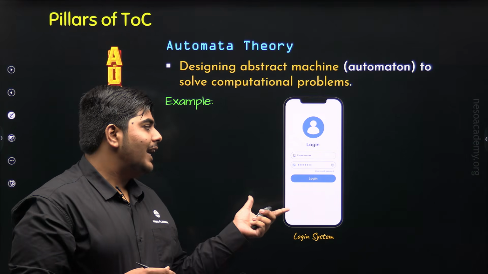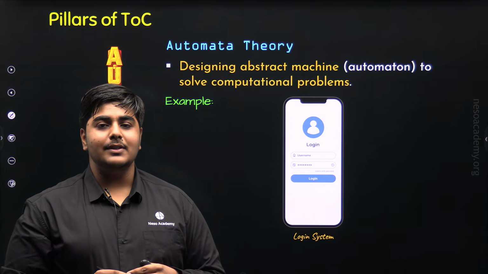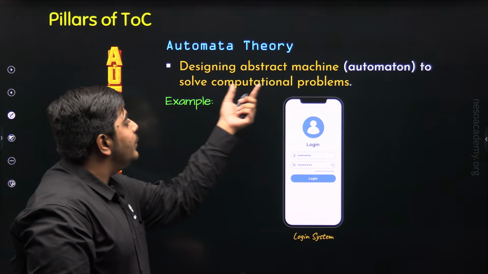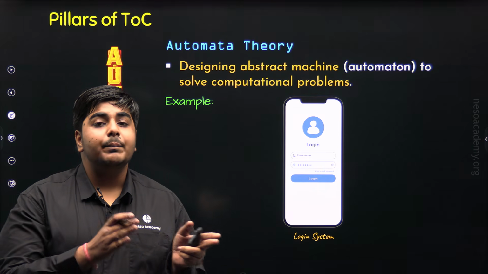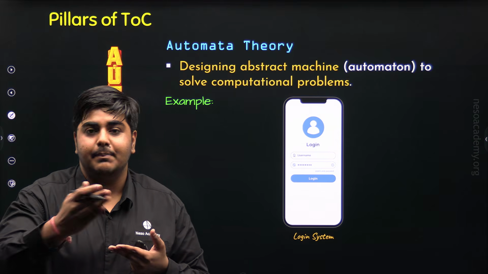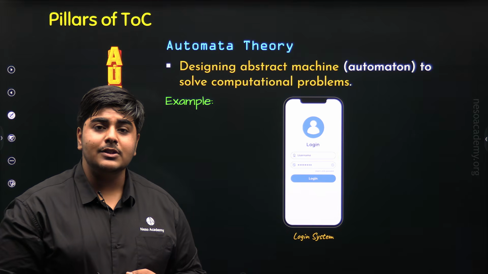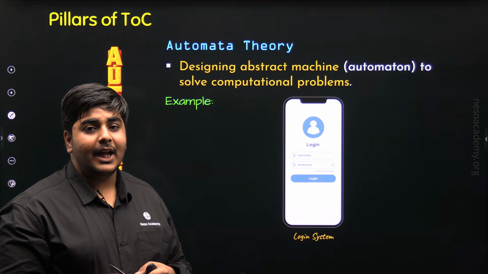Now, why have I discussed this scenario with you? This is because this login system can be realized as a computational problem. I have explained that a computational problem is a problem that can be solved using a step-by-step approach. And that's what we are doing in this login page also. Step number 1, you will enter your username or email ID.